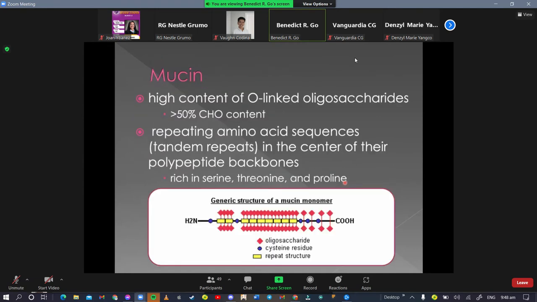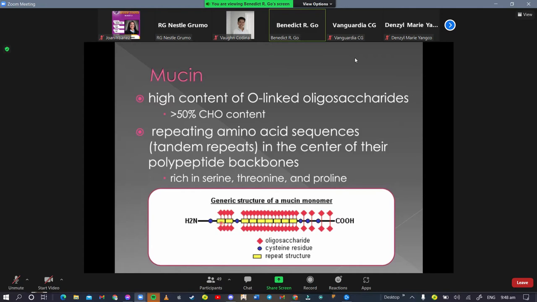Mucin is a very typical example of a glycoprotein with a very high O-linked oligosaccharide content. More than 50% of this glycoprotein is carbohydrates. So they have repeating amino acid sequences, tandem repeats, you call it. And in the center of the polypeptide backbone, you can find them. This mucin is rich in serine, threonine, and proline.